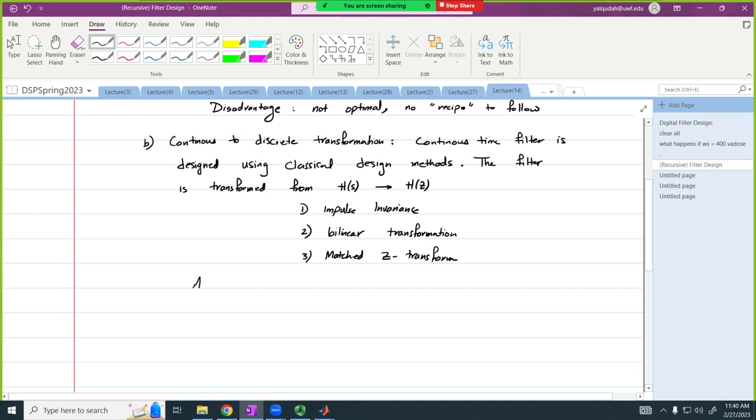So the advantages of this method are that the filters are near optimal, and there are clear design steps.